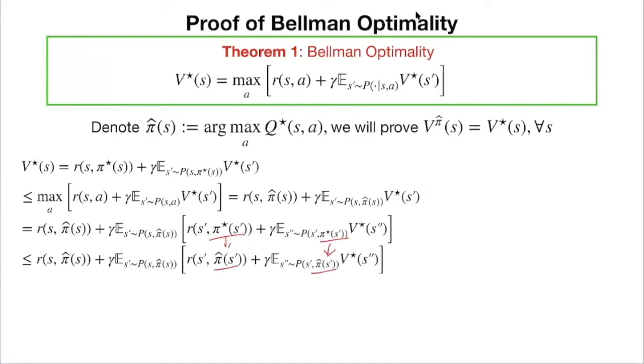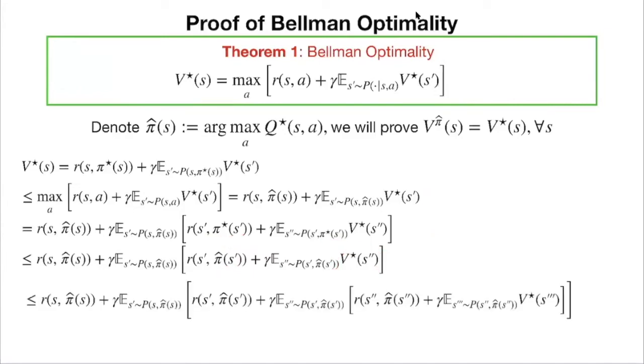Now we get to another place where we can repeat the same process, we get to v star s double prime. So let's just repeat. And now you get a slightly longer expression, and we get to v star s triple prime. Let's repeat again.